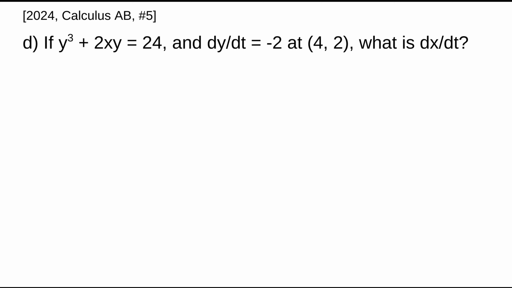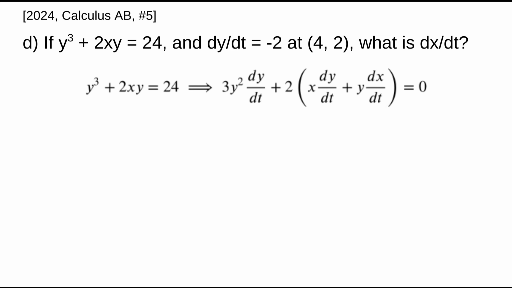In part D of this question, we have another implicitly defined function, y cubed plus 2xy equals 24, and we're given that dy/dt is equal to -2 at (4, 2), and we are asked to find what is dx/dt.